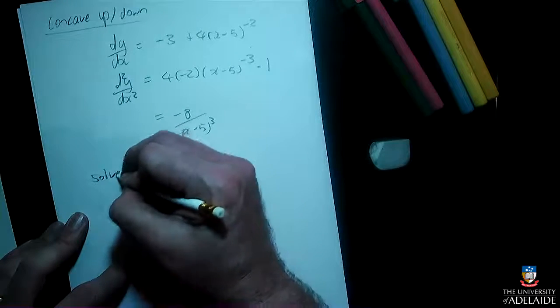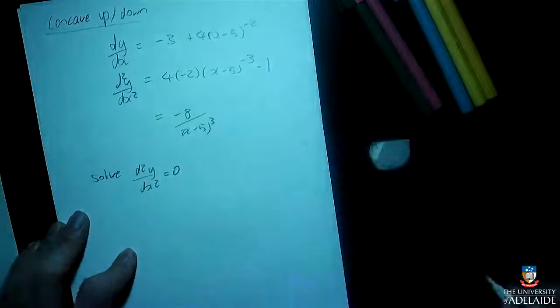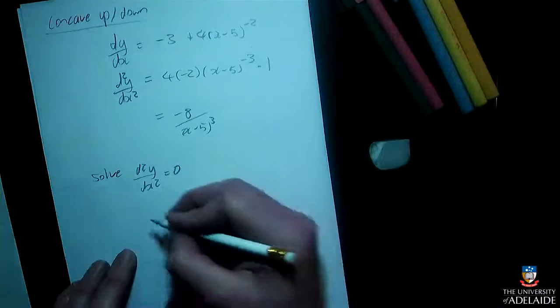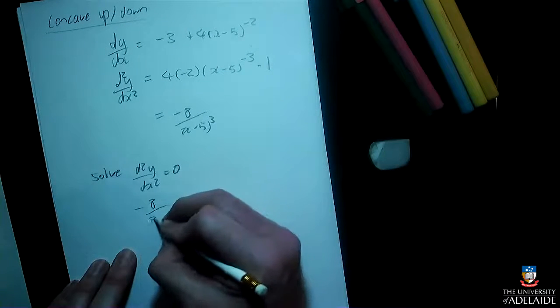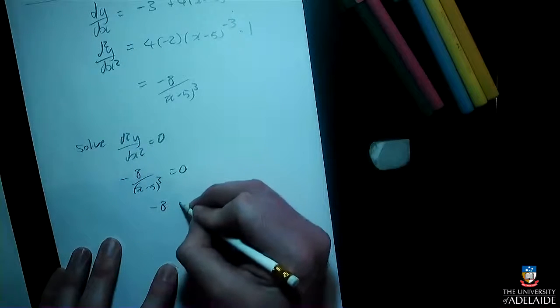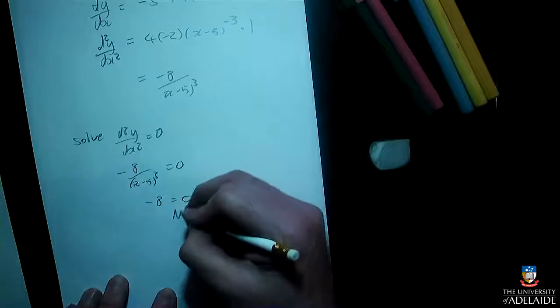We'll solve d squared y on dx squared equals 0. So minus 8 on x minus 5 cubed equals 0. Multiply both sides by x minus 5 cubed, and I get minus 8 equals 0, so there's no solutions.